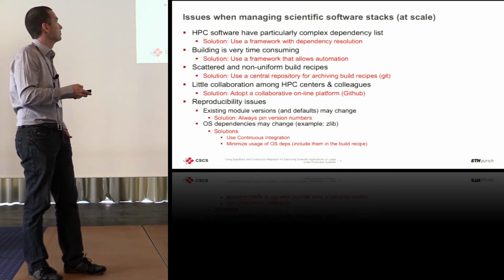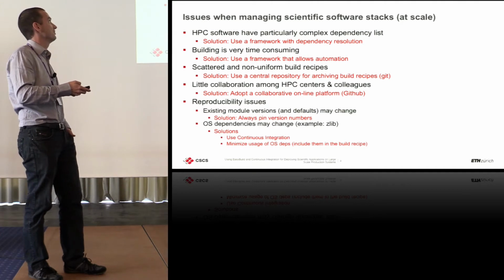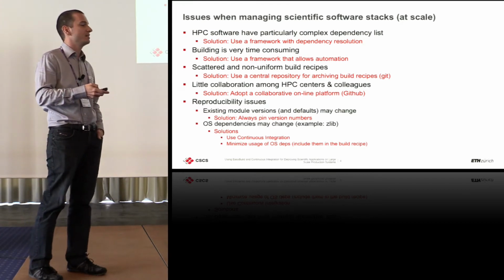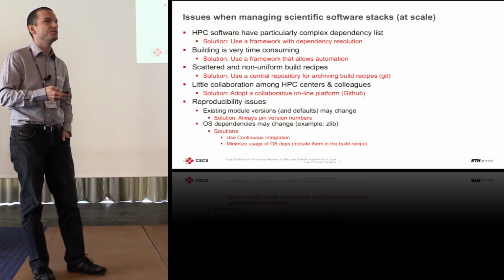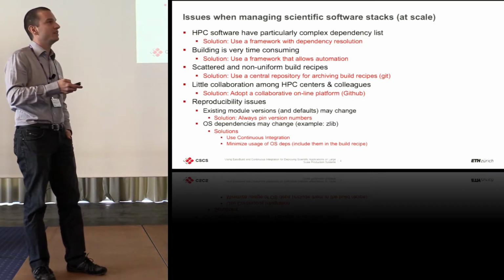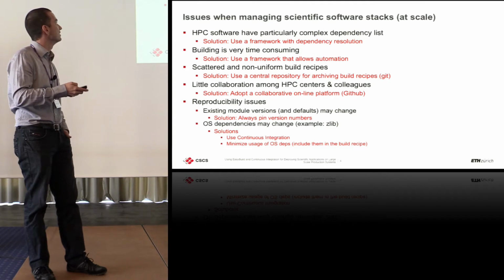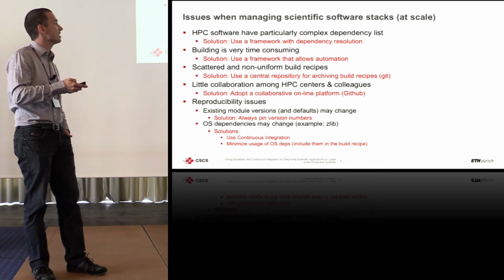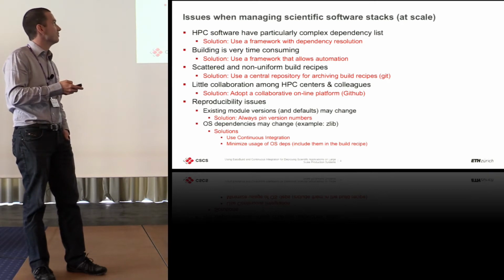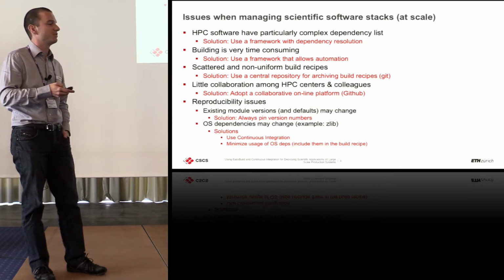We propose to use a collaborative online platform as GitHub, so we have all of our recipes available on the internet, and we hope that other sites will start doing that so that we can share recipes. And for the reproducibility problems, we advise and we use pinned version numbers for all the dependencies.